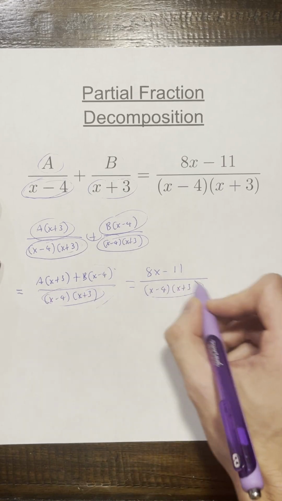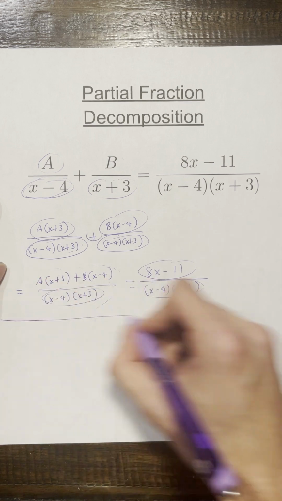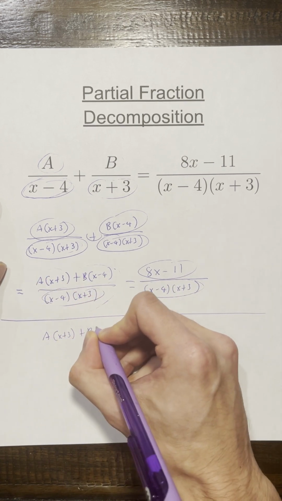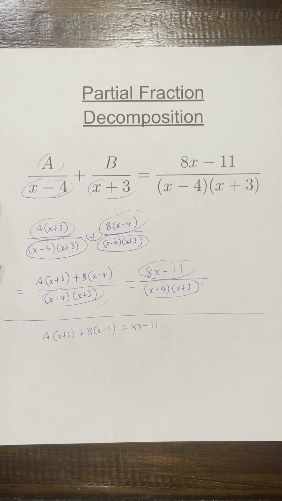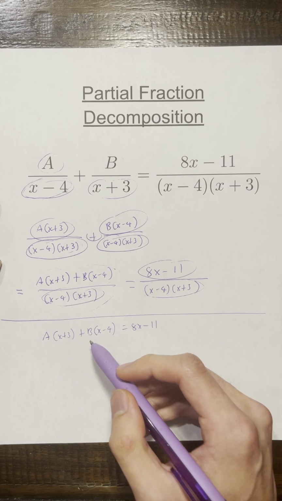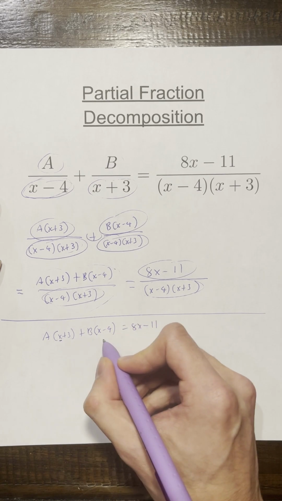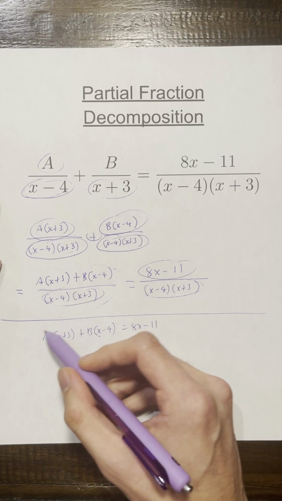Since this matches with this, this also has to match with this. Okay, so we've reduced the problem into asking, what do A and B need to be such that regardless of whatever I plug in for x into this equation, it always holds true?